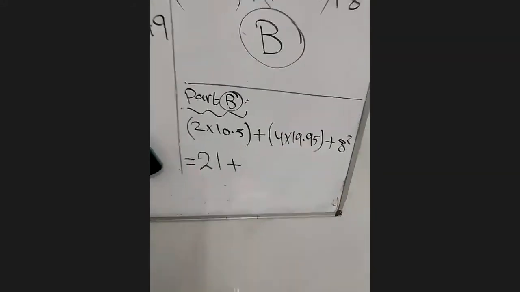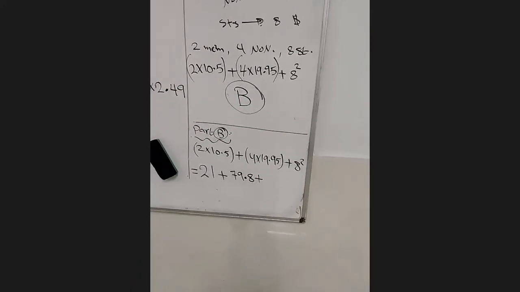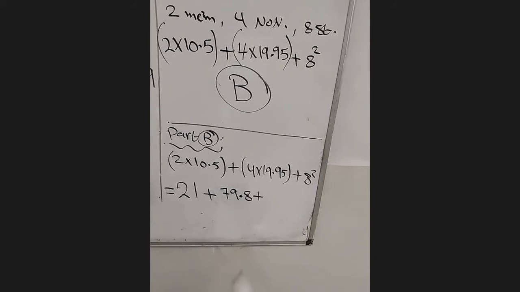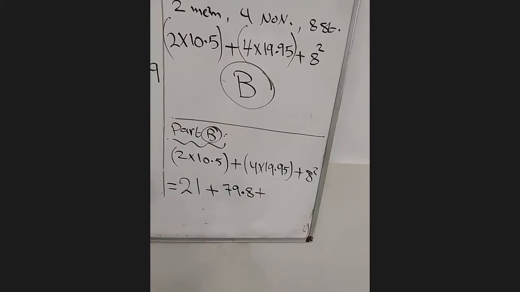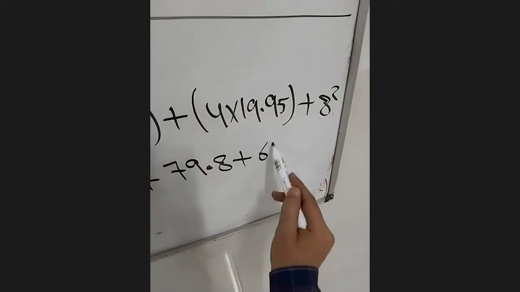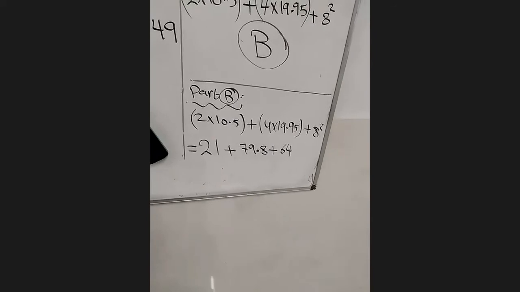And 4 multiplied by 19.95, I'll do it quickly here. The answer will be 79.8. Plus 8 to the power 2, which is 64.